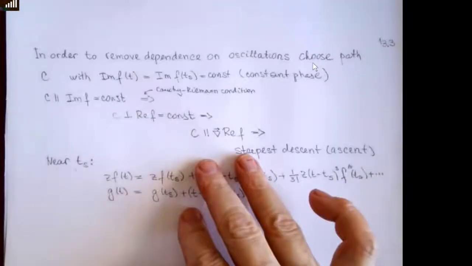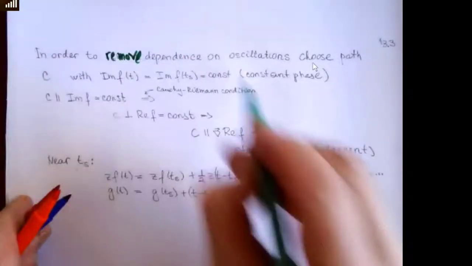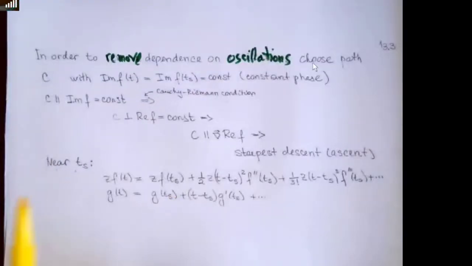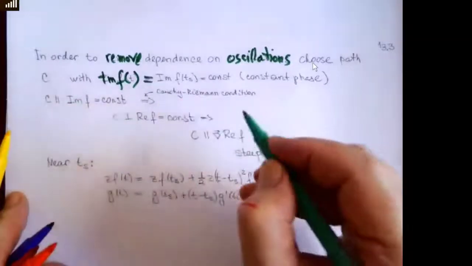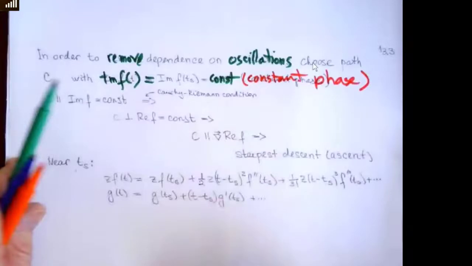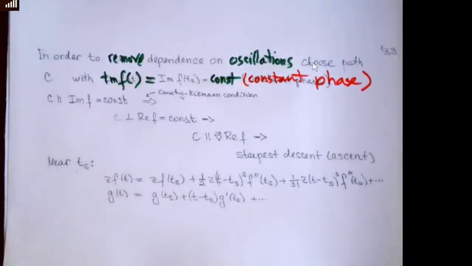So to summarize, you want to remove oscillations. You have freedom of choosing the path, and there is a path where you can remove them totally, in which you just choose, for this particular problem, the imaginary part to be constant. Choose a contour in the complex plane where you can do that. But by the Cauchy-Riemann conditions, if one value of the function is constant, the other one has to change.